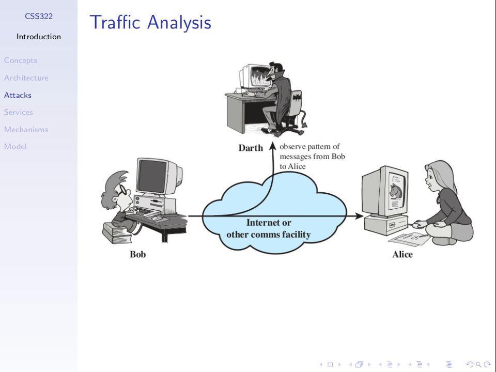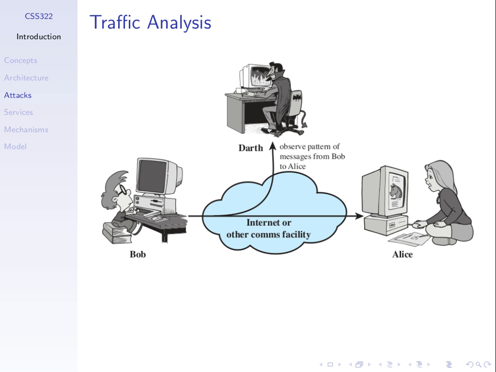Or we can try and hide the messages in other messages. Let's say that really Bob only needs to send messages at 2 a.m. But that looks suspicious, sending messages to Alice only at 2 a.m. for 10 minutes. But if Bob sent messages to Alice all during the day, then it may not look so suspicious.